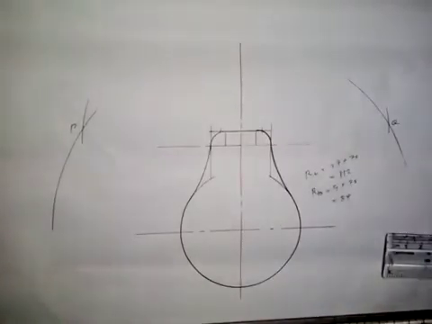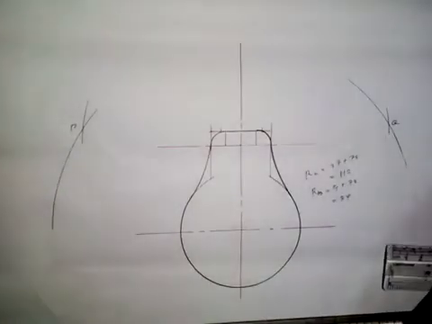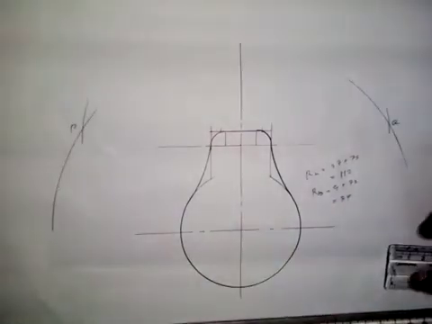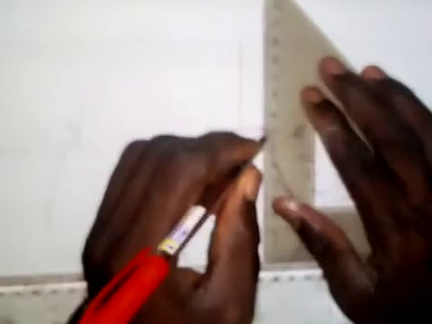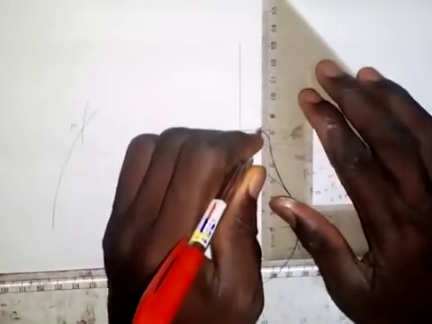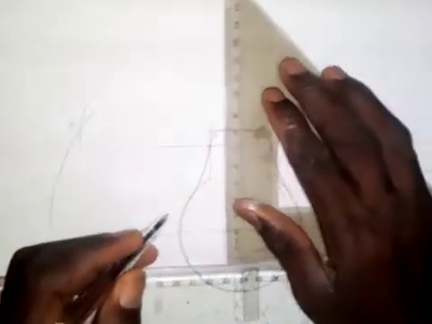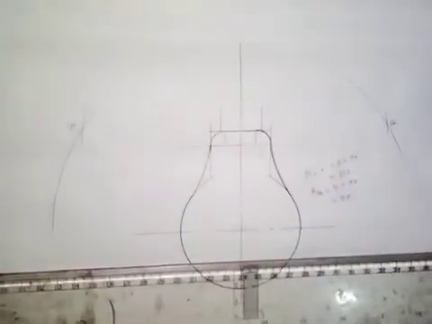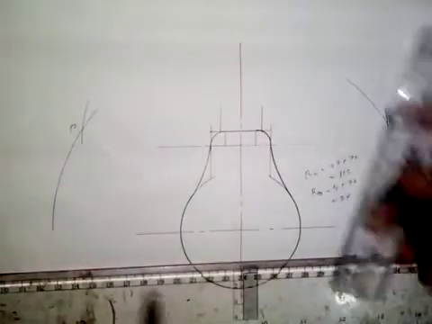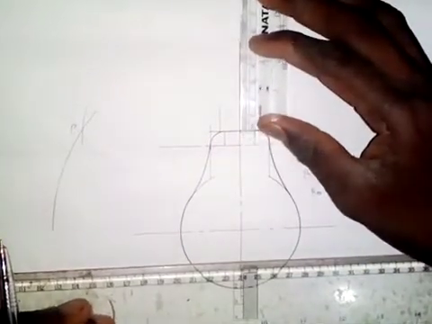Okay. So I'm going to draw a vertical line like this with my red pen first. Then I will also draw a vertical line here. Alright, and the height of that, as we see in the diagram, is 6 millimeters.